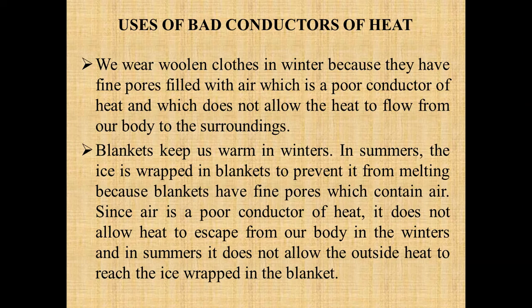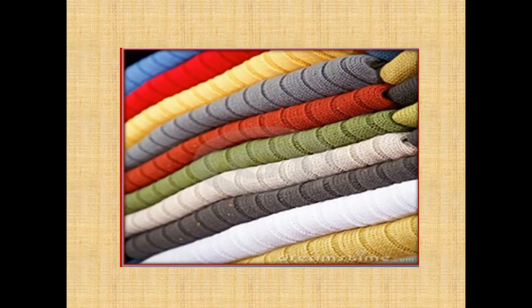Similarly, blankets are used to keep us warm in the winters. In summers, ice is wrapped in blankets to prevent it from melting, because again blankets have fine pores which contain air, and air is a poor conductor, so it does not allow heat to escape from our body in the winters, and it does not allow the outside heat to reach the ice wrapped in the blanket.